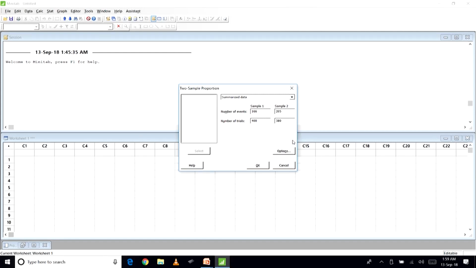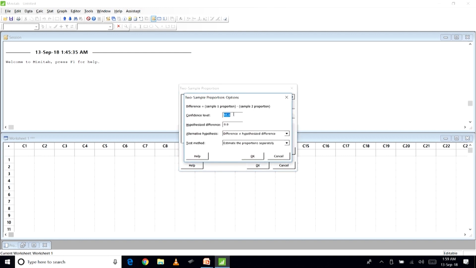Options: this hypothesis testing is at 99% significance level, the hypothesized difference is 0, and the alternative hypothesis has to be a less than type. So, use the pooled estimate of the proportion and then click OK.